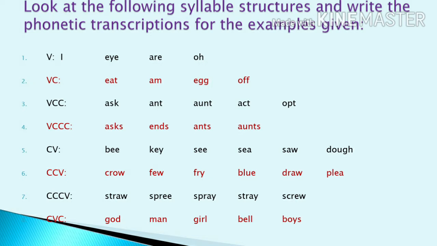VCCC structure: asks, ends, ants, aunts.